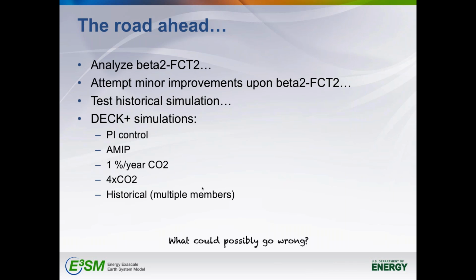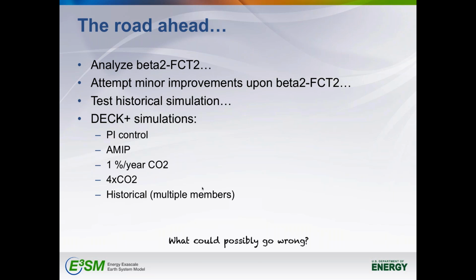So this is my last slide in terms of what we're planning to do in the next few months. It would be good to have more eyes looking at this beta 2 FCT2 simulation. So if there is anything that is worrisome or problematic, we find out before it's too late.